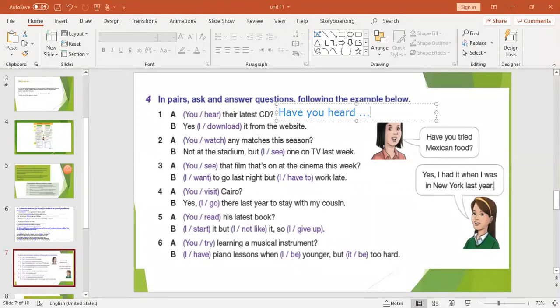The same structures that we studied before, but here with the questions, we need to be careful about the position of the subject. It should be between the two parts of the verb. Again, we are not interested in the details, only the experience itself.